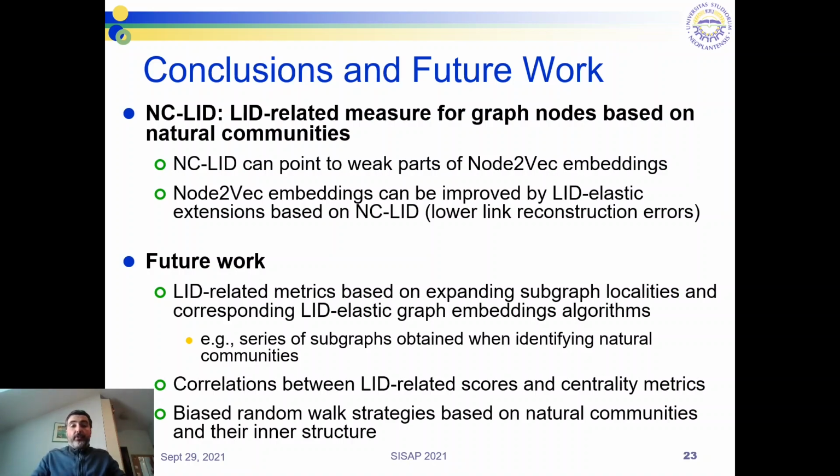And with node2vec and parameter manipulation, this can be done only indirectly. So what we would like to explore, and we did actually start exploring it, and we have some promising results, is to leave the framework of node2vec, but stay in the world of random walks, and guide the random walks directly using the notions of natural communities. So should you leave, should you stay, or should you go, and so on.